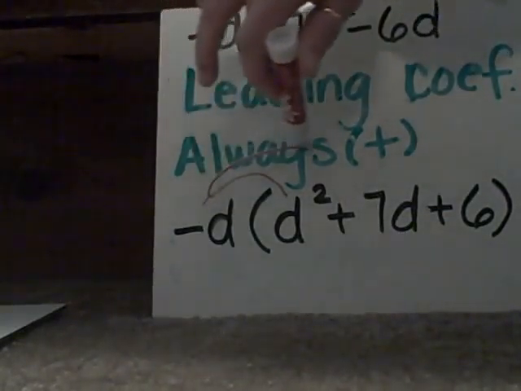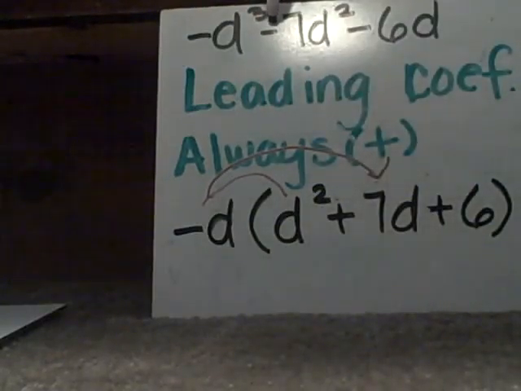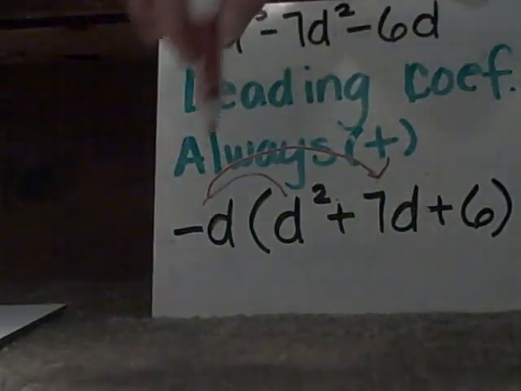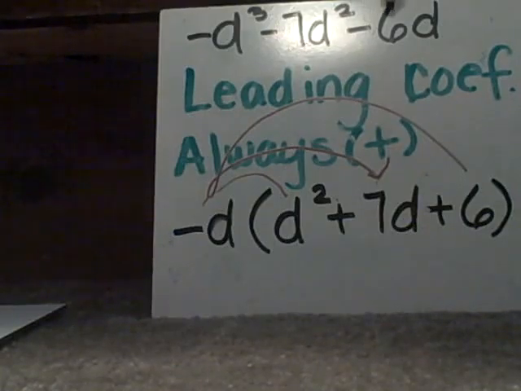If I take negative d and multiply it times positive 7d, I'll get negative 7d to the second power. And if I took a negative d and I multiplied it times 6, then I would get a negative 6d.